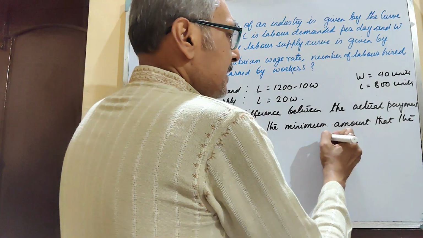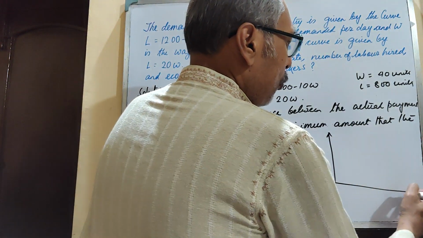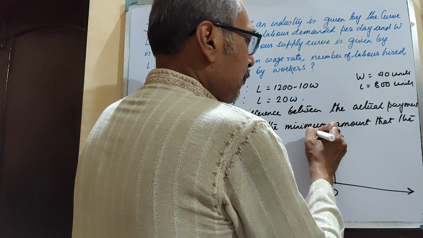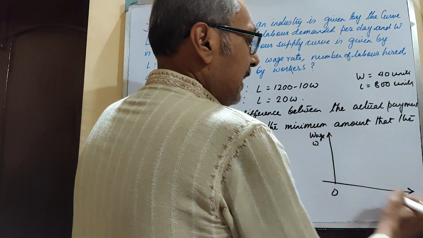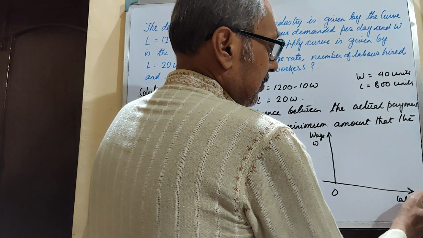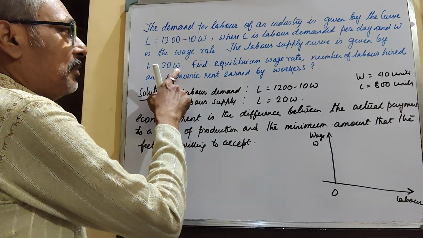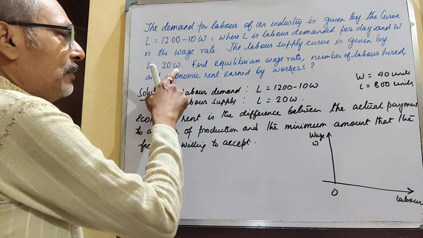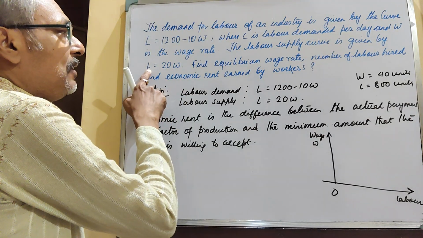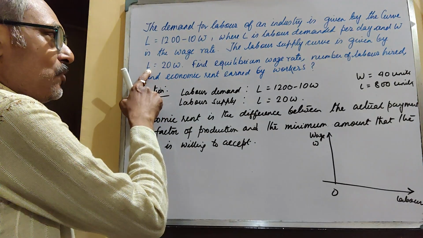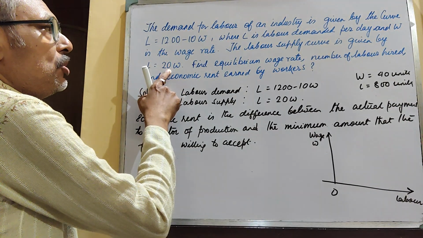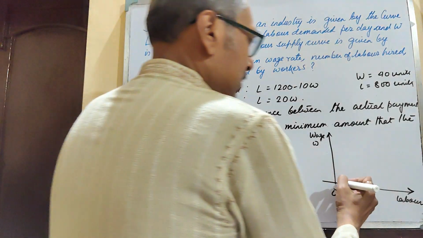Now we draw the graph. Here we measure wage W and here labor. The labor supply curve is L equals 20W. When W equals 0, L equals 0. That means it passes through origin. Now this is the equation of a straight line passing through origin.